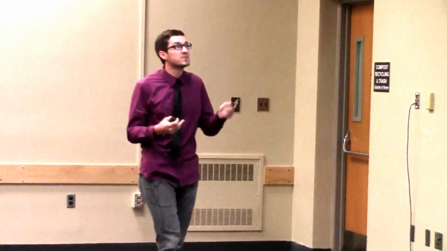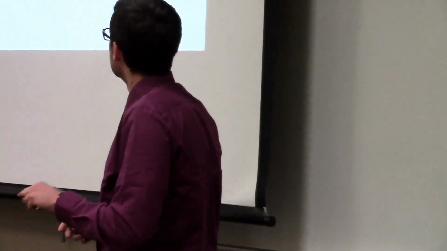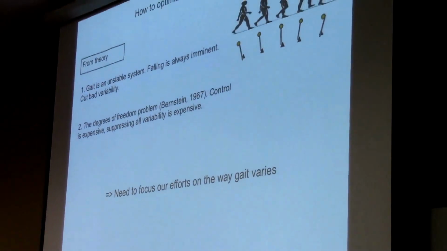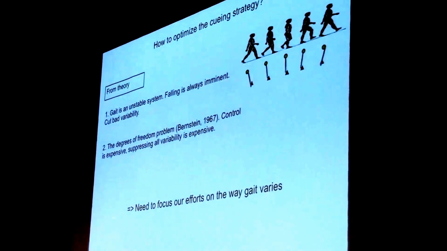On the other hand, we know that we cannot just remove variability. You should not try to over-control. So from these two, let's decide that we want to focus on the way gait varies. This is our lead into what we should be trying to change in the cueing.